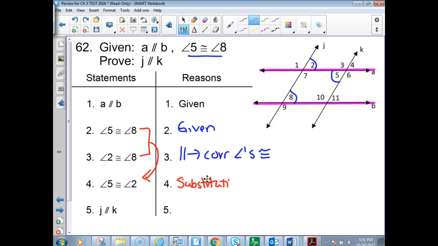I said I would take either one. And then J is parallel to K because we now have alternate interior angles that are congruent. So if alternate interior angles are congruent, then you've got parallel lines.